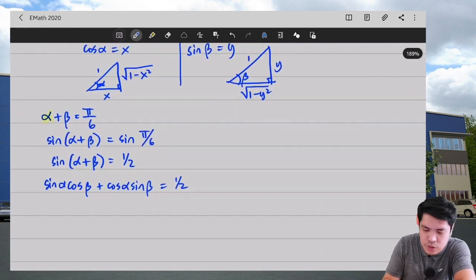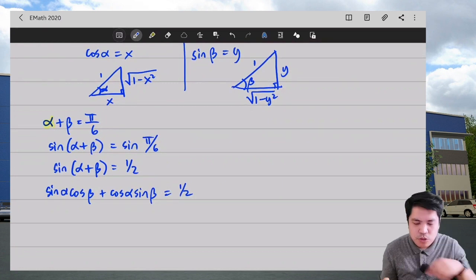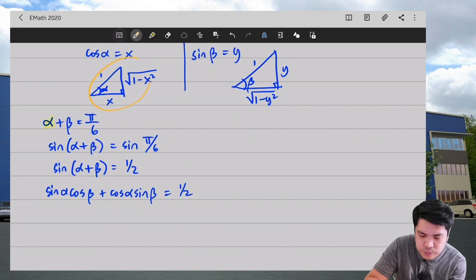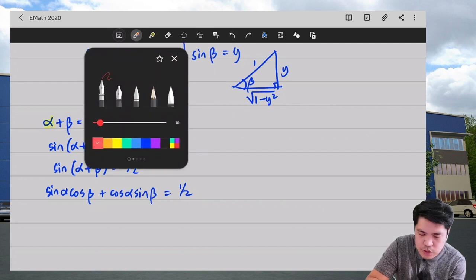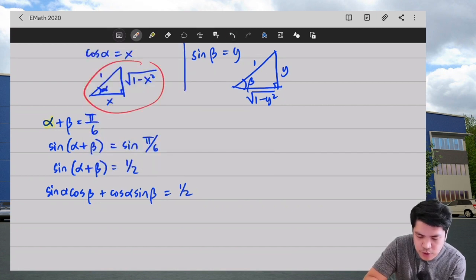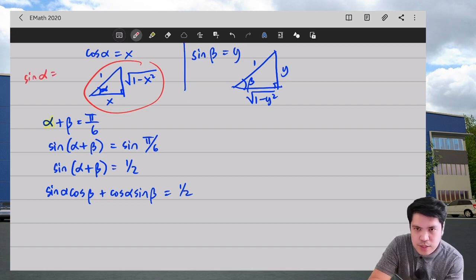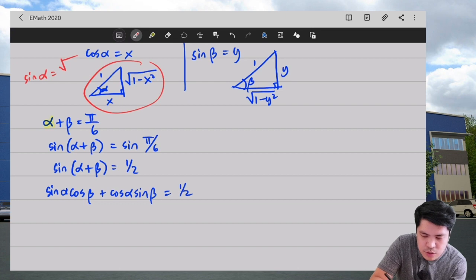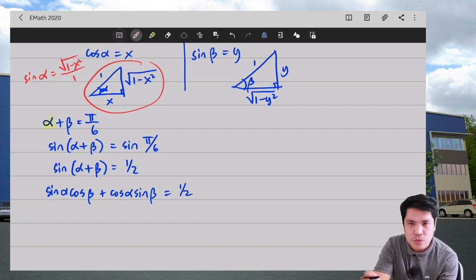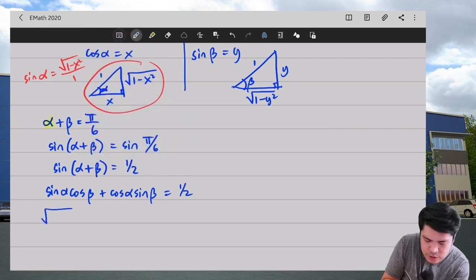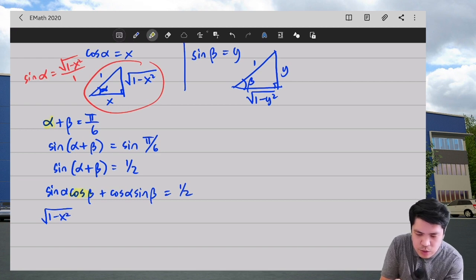So, kung mag-substitute na tayo, refer tayo dito, okay, let's use red. What would be sine alpha equal to? So, we know that sine is opposite. So that would be square root of 1 minus x squared over hypotenuse, which is 1. Okay? So therefore, sine alpha is just square root of 1 minus x squared. So how about for cosine beta?